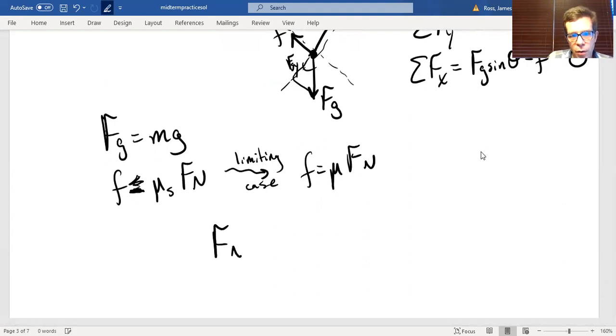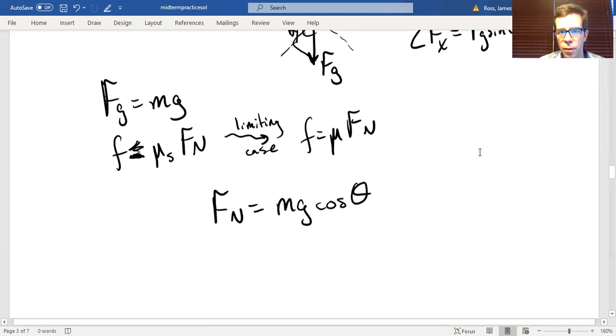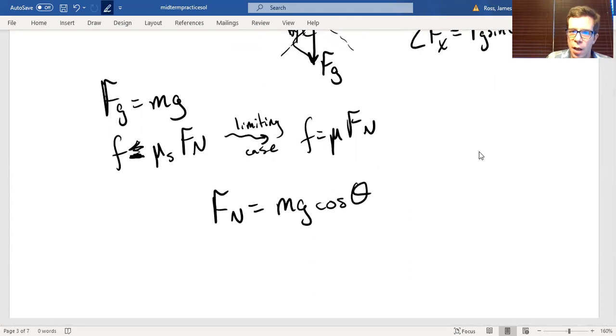So we have that the normal force is equal to mg cosine theta after we plug in our gravity. And if we look at our friction equation, we have friction is equal to mu times the normal force. So I'm going to go ahead and plug that in as well.